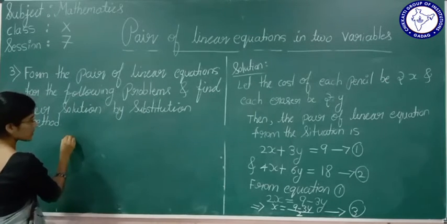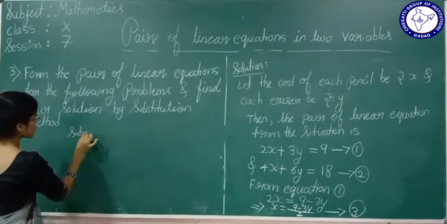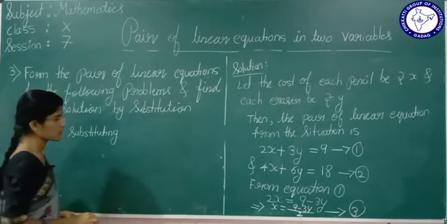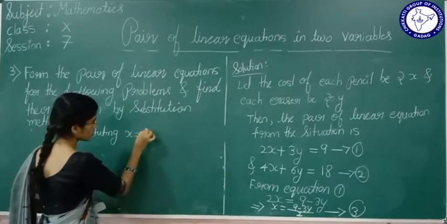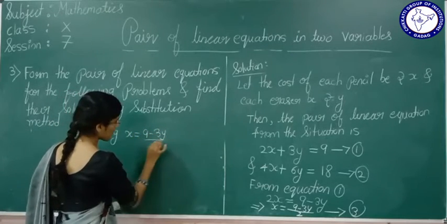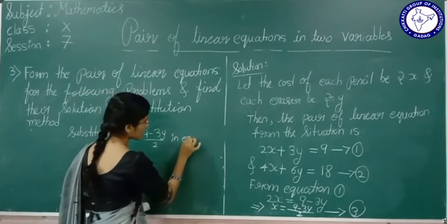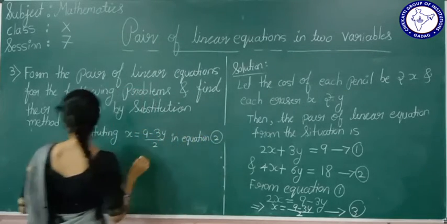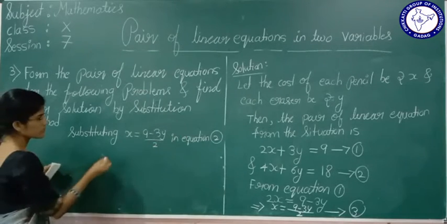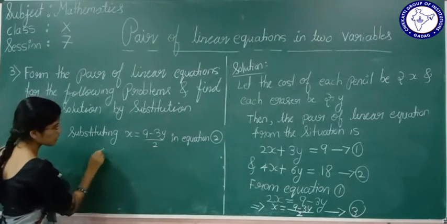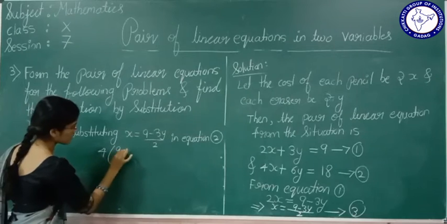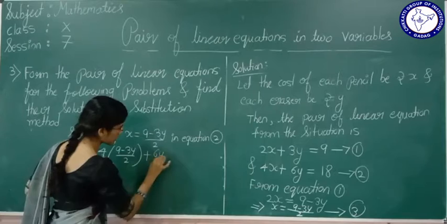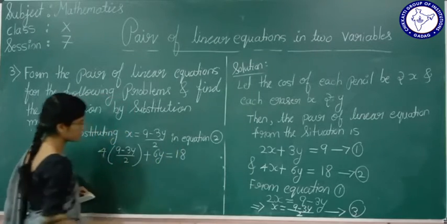Now see here, substituting x is equal to (9 minus 3y) by 2 in equation 2. That is, 2 times (9 minus 3y) by 2 plus 6y is equal to 18.